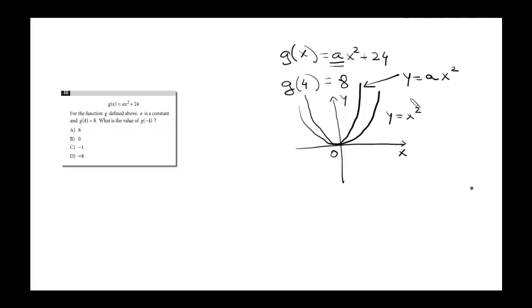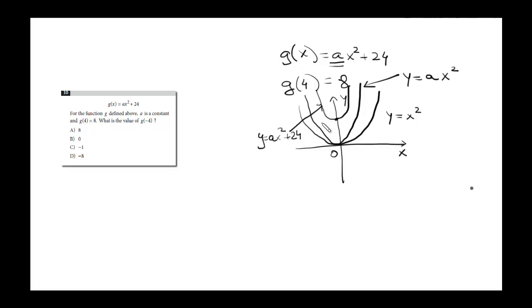I have assumed that a is positive, which we don't know yet, but it's just an assumption which will not change anything. And now we have to add 24, that is, we have to pull it upwards by 24 units. So the vertex will be at 0, 24. So that is the parabola y equals ax squared plus 24.